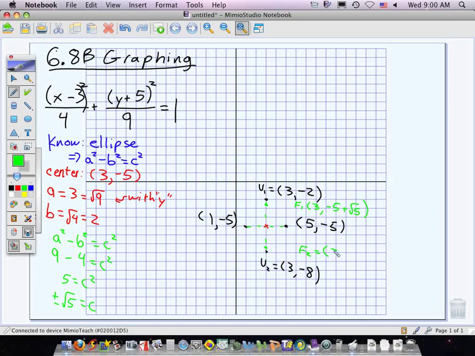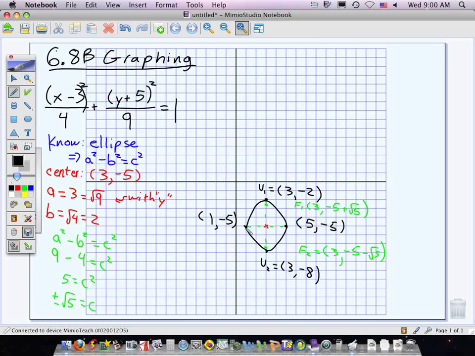So we went straight down, so we're still at 3 on the x-coordinate, -5 minus the square root of 5. And then we finally just sketch in our ellipse.